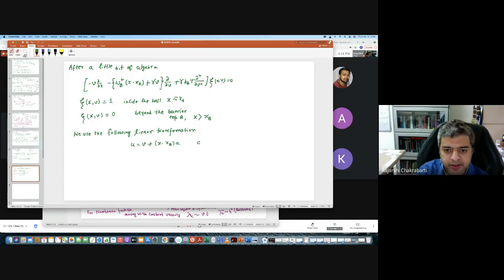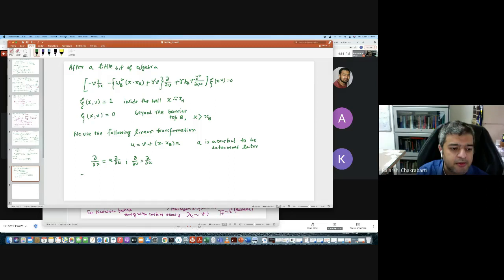Okay, a is a constant, to be determined later. If I have this, obviously I can write del x equals a times del u, and del v equals del u. Now I can use these variables and write down the above equation.